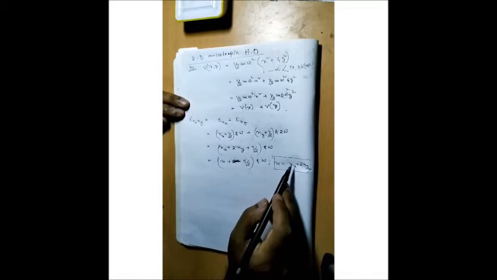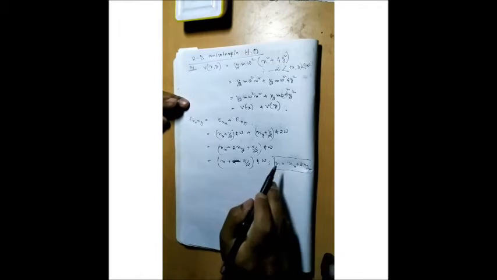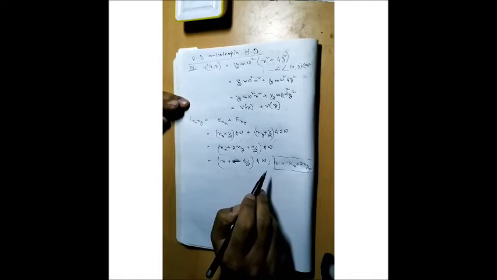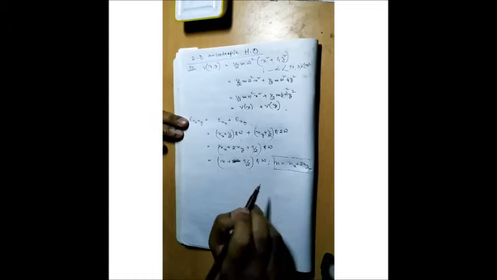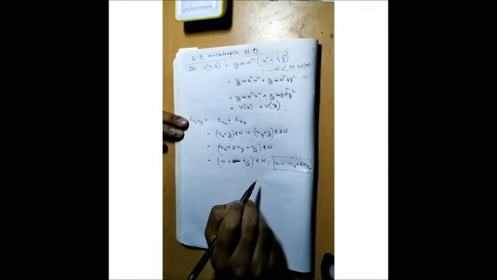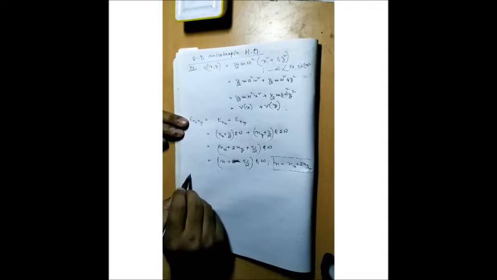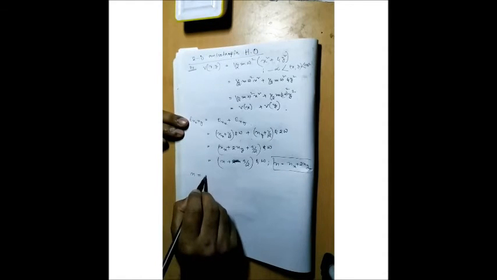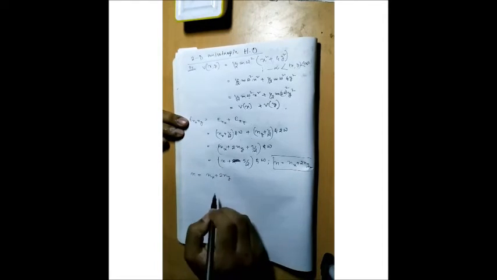Now how to recognize whether an energy level is first excited or second excited depends on the energy level. The lowest energy level of a simple harmonic oscillator is called the ground state energy level. So here n equals nx plus 2 ny, this is the simplest way.